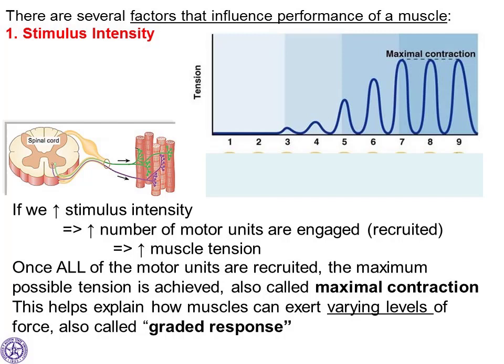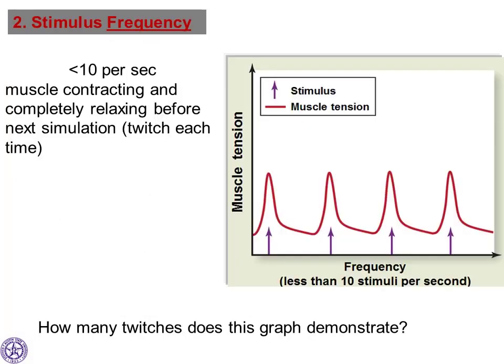All right, so we can recruit more. We can also increase the stimulus from the nerve itself. Instead of just one stimulus, we can send stimuli really, really quickly. So when we talk about a twitch, in this case, we can say a twitch is less than 10 stimuli per second.